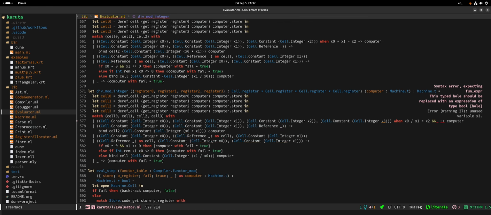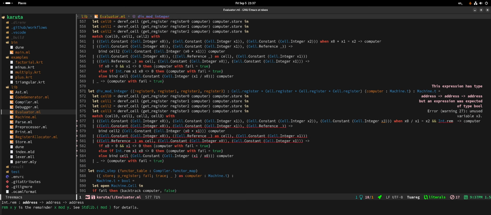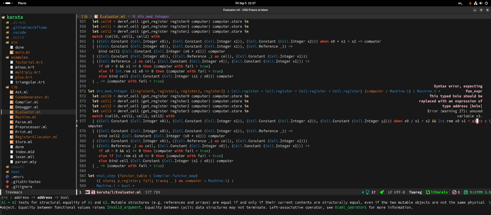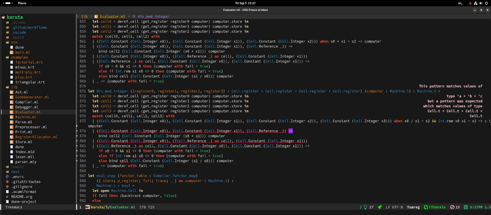The remainder. So you're saying remainder x0 x1 equals x3. That's a huge line. Okay. That's gonna be painful.